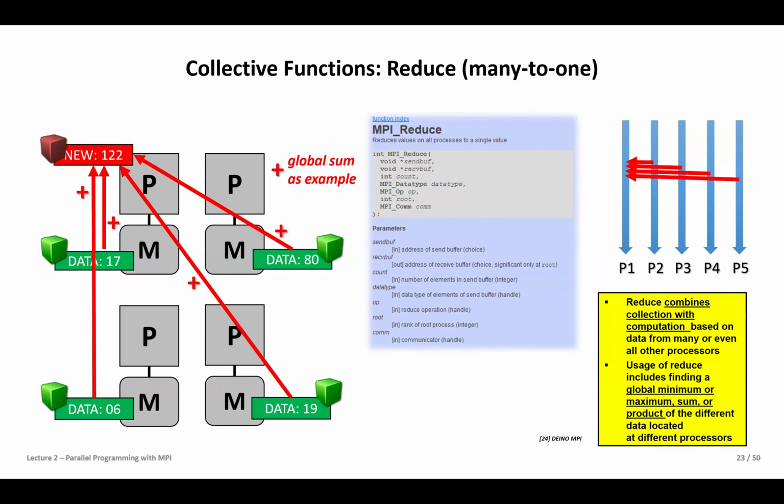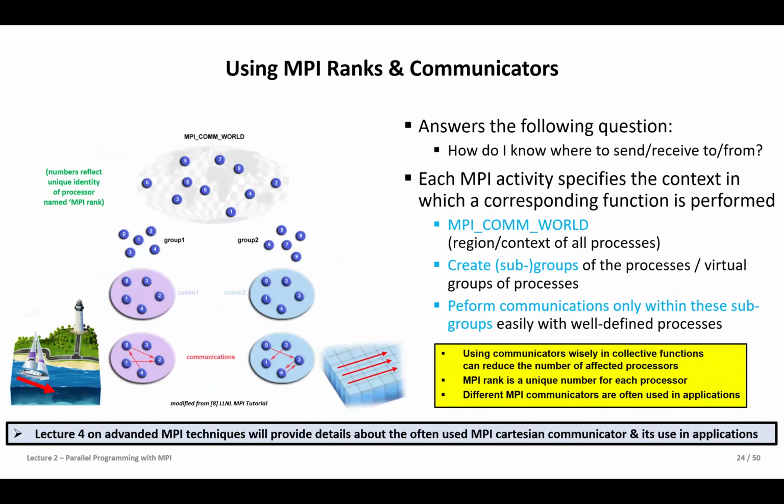You can specify an MPI operator like plus, addition, and then you automatically have the result, instead of going through all the results and adding them up yourself in a for loop. So it takes lots of functionality and puts it all in one source code line. That is also what we will see in the second part of the course.